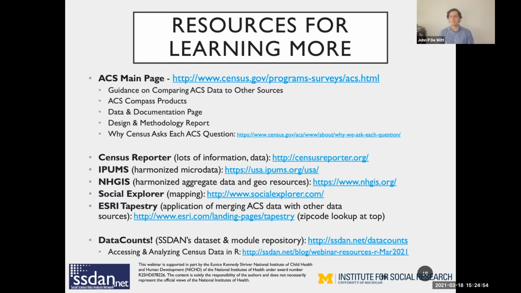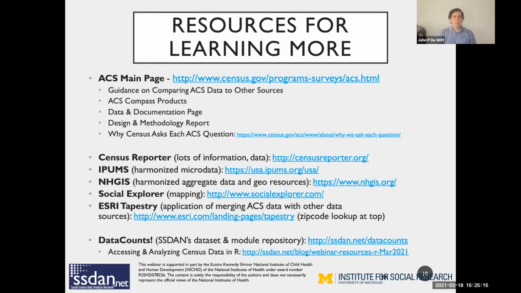You can get something like an ACS data profile for a specific geographic area. You can put in an address and see what census tract, which cities are there, et cetera. So it's a really useful tool for doing a lot of different things, and it's a site that I encourage you to spend a few minutes playing with at some point.